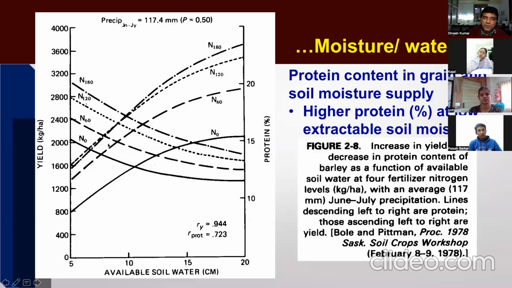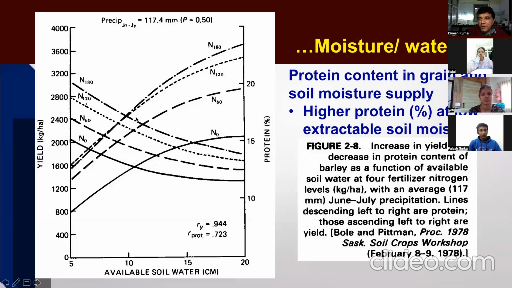Your yield has also increased with the increase in water supply. You have one more level of nitrogen, 120. Here also the yield has increased with increasing supply of water. The last level is 180. Here also yield has increased with increasing level of water. Okay, this is fine. And you got highest yield when the level was highest, 180. At 180 highest yield, followed by 120, 60 and 0.